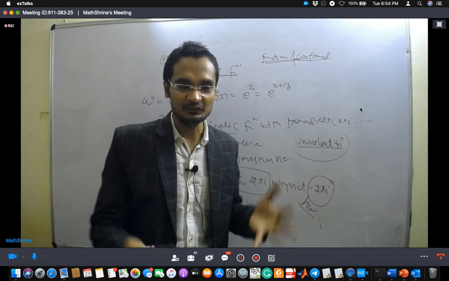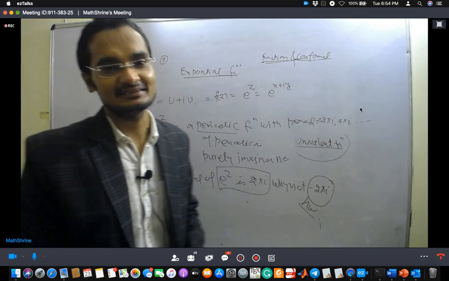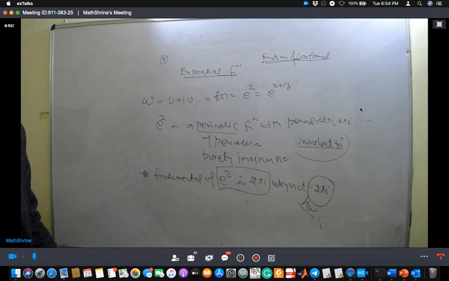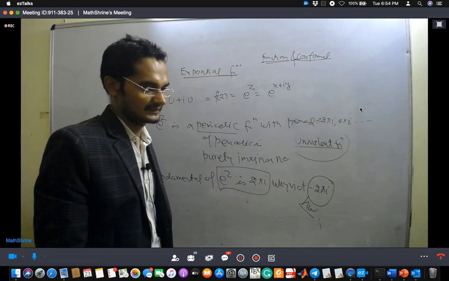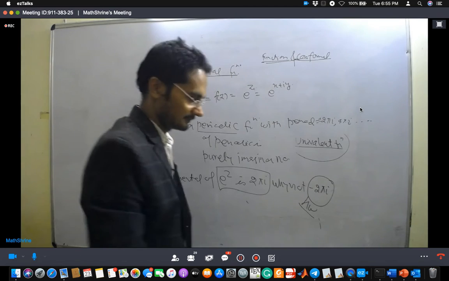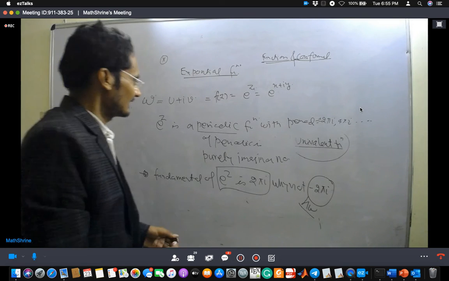Can I also write, can you tell me a periodic function? Do we have a function which is periodic and one-to-one? No, right? Periodic means it is repeating its value.